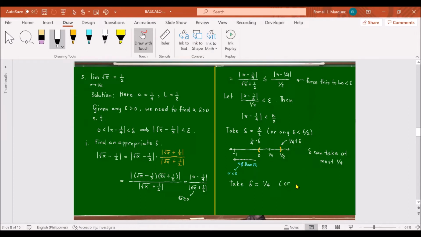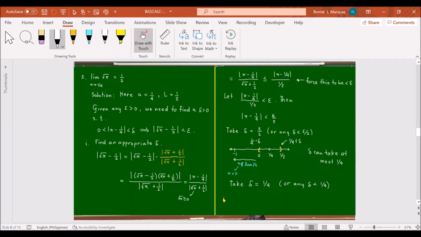So again, any delta that is less than 1/4. Okay? So this is the maximum delta that I can take, safe, so that we will not cover those x values making the radical square root of x undefined.